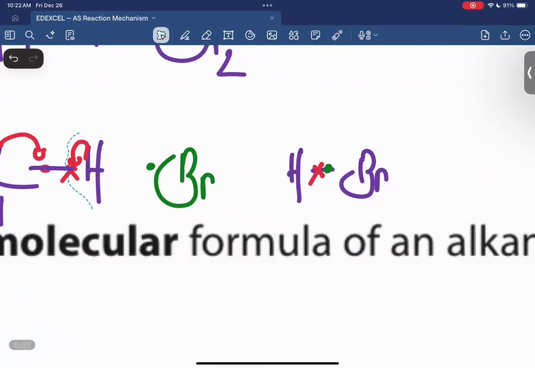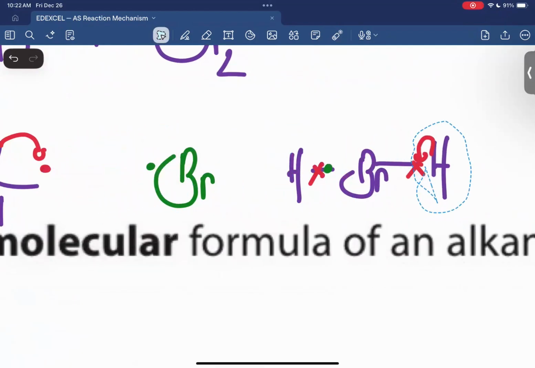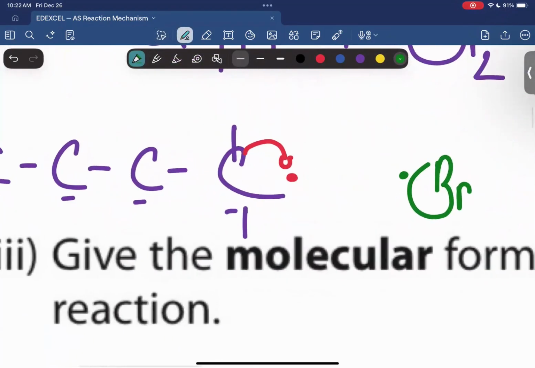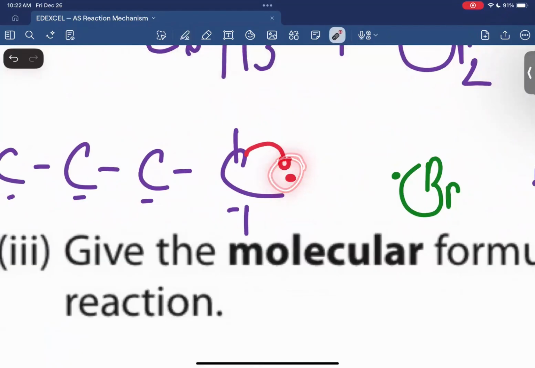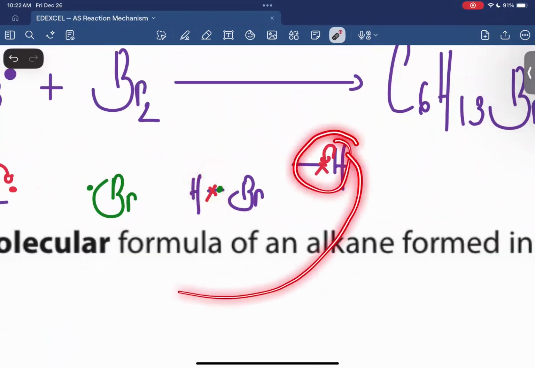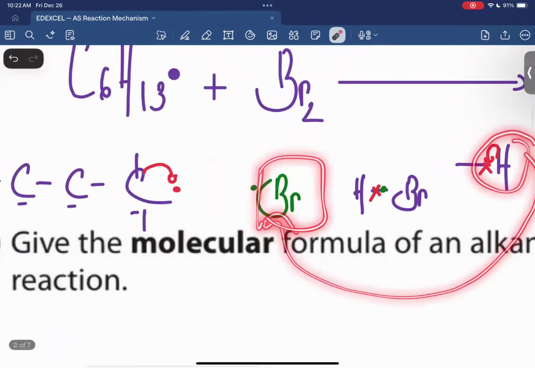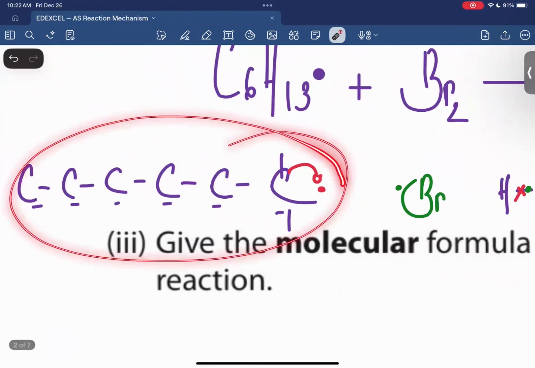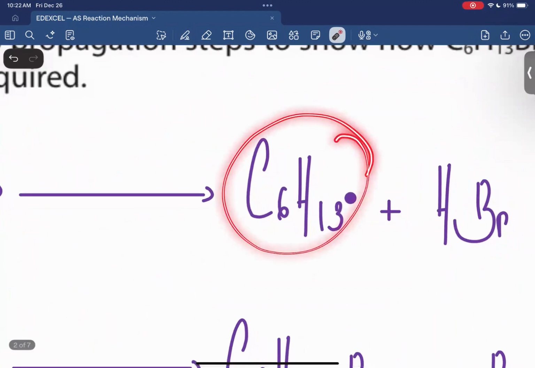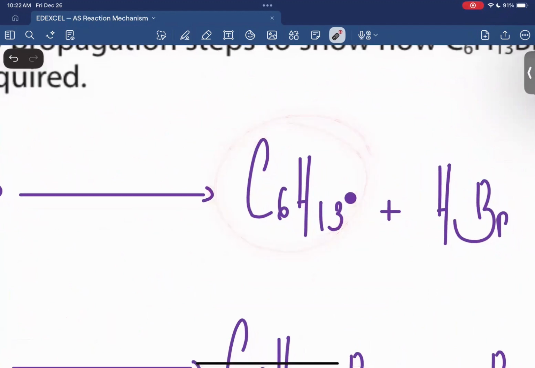You're left with only one electron of carbon, because hydrogen has taken its electron and bonded with bromine. So you have been left with one electron, and this leads to the formation of this radical. Easy enough. So keep this in mind and try to remember it this way, so it would make life way easier.